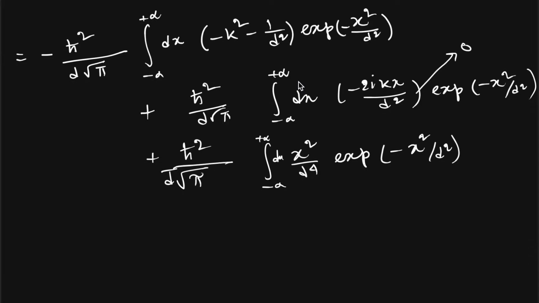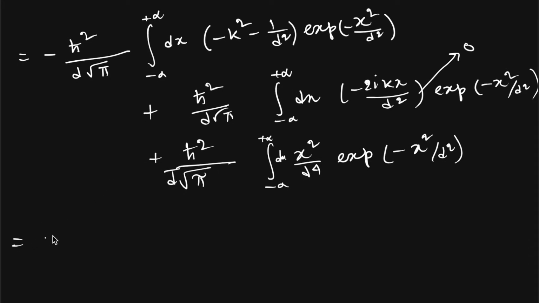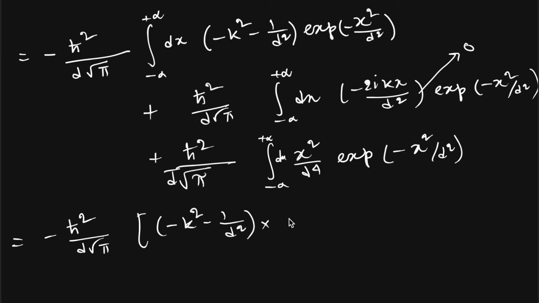So the first integration gives, as we have seen previously, d root pi, so it will give minus k square minus 1 by d square into d root pi. This will be 0, and this integration, let us see what is the value of this integration.